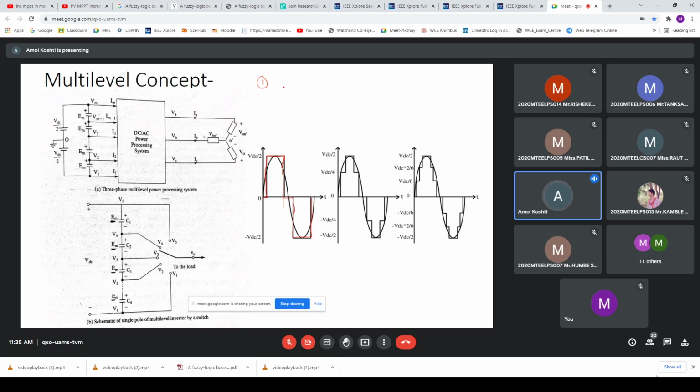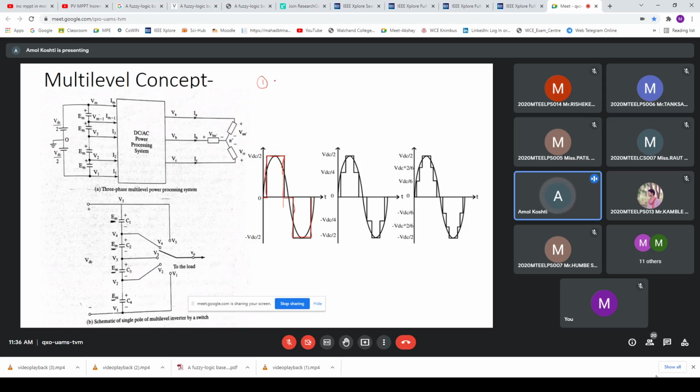Because of the frequent switching, switching losses take place in the switches. Even though producing this output without frequent switching is not possible, we still have to control the switching of those switches used in the circuitry, because frequent switching causes loss. That is a parameter we have to consider.